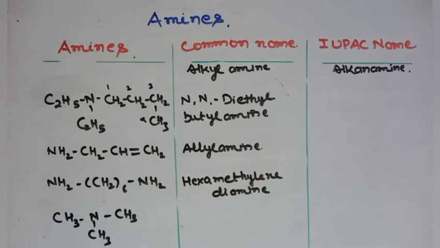So it will be hexamethylene diamine. Now this one has 3 alkyl groups, methyl, methyl and methyl. So we call it trimethyl amine.